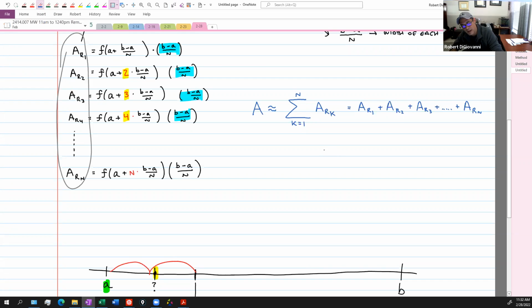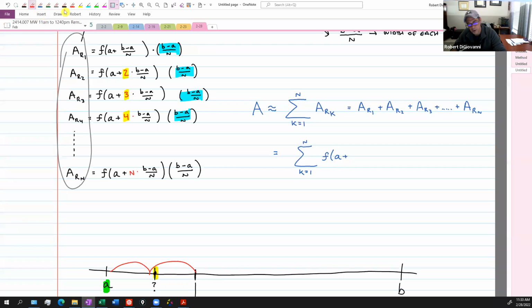But look, everyone, that's just equal to, and this is the part that is really, really awesome, the sum k equals 1 to n of F of A plus, remember how I said in this formula right here, the only difference between these is that number in front right here. That's the only thing that changes.